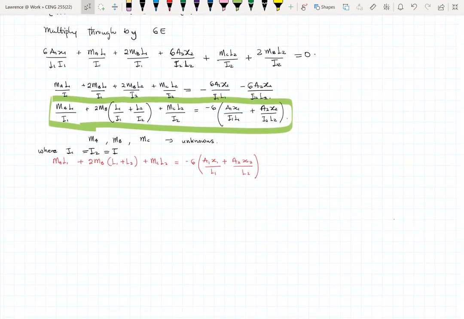Okay. So as I explained earlier, this equation is used for three supports at a time.